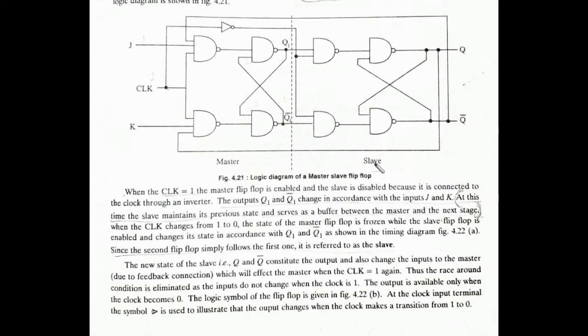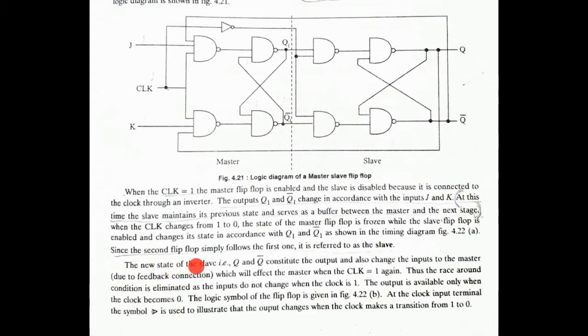For the slave, the inputs are Q1 and Q1 bar as shown in the figure. Since the second flip-flop simply follows the first one, it is referred to as slave.